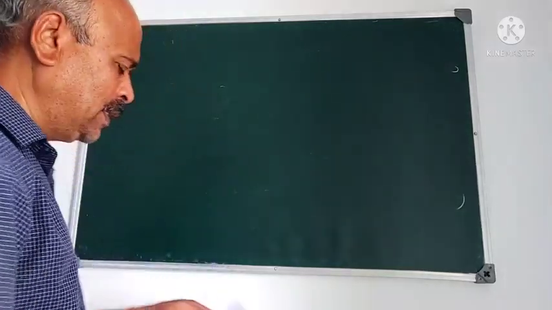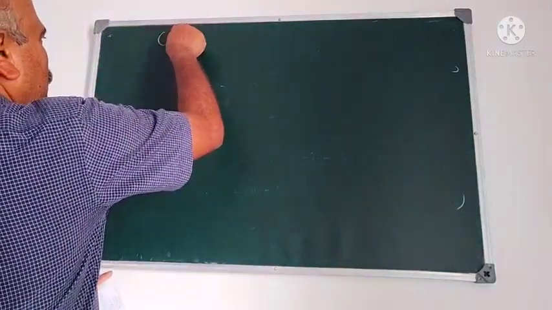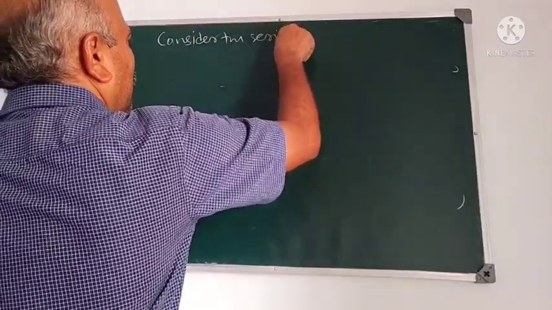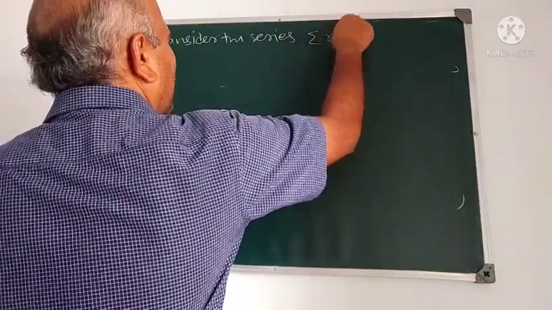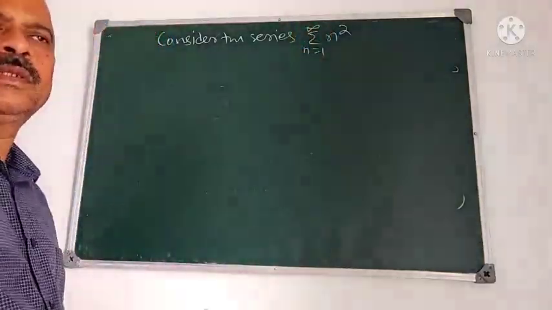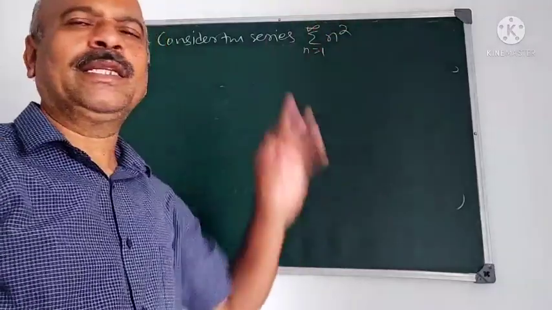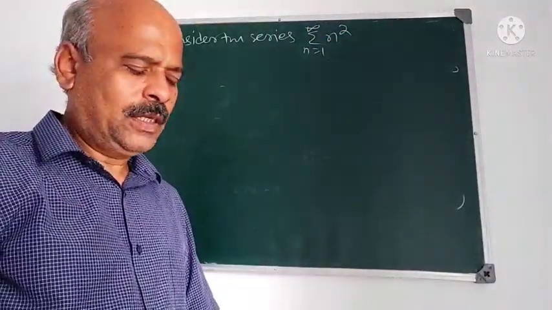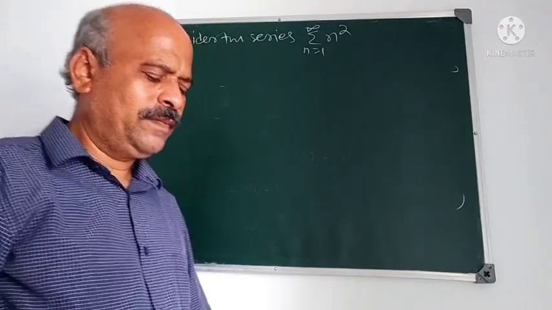Now I consider another series. Consider the series sigma n square, n equal to 1 to infinity, of course. Usually only sigma n square is written. Now test the convergence of this series. When do you say that a series converges?